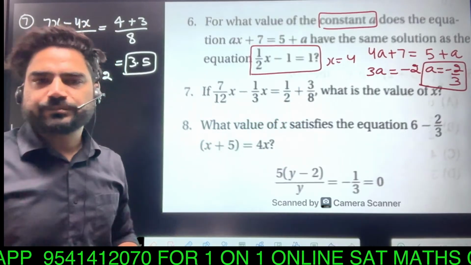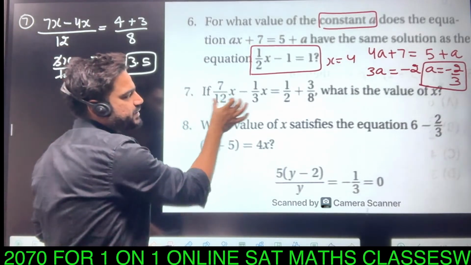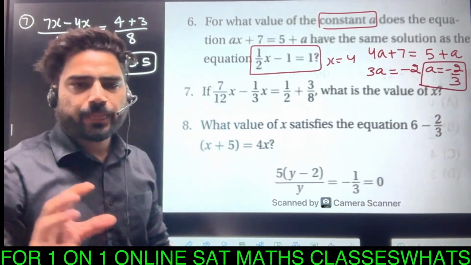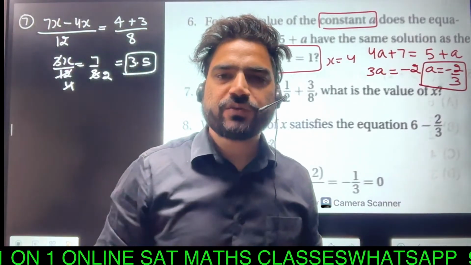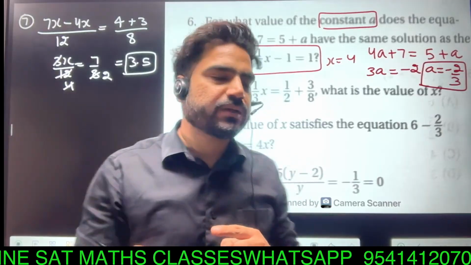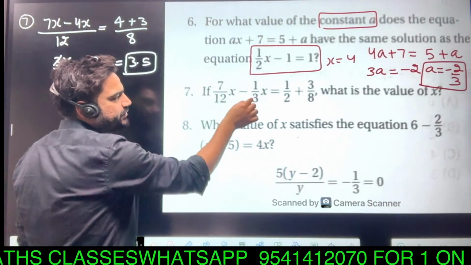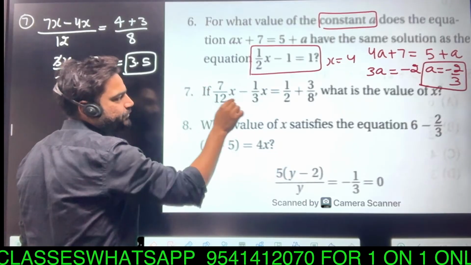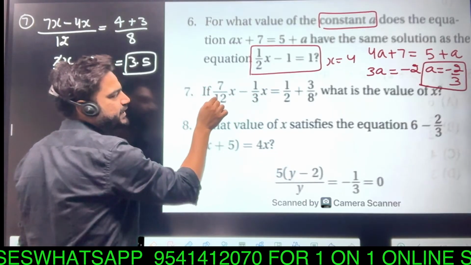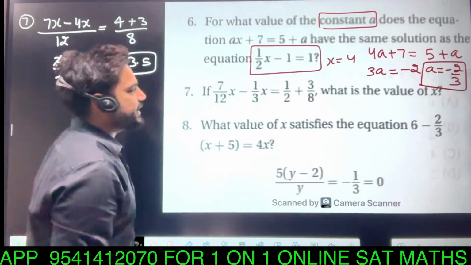What is LCM? See, basically when two numbers are given, then LCM is either the largest number of them, but for that the smaller number has to divide the largest number. Example, in this question 12 was there, 3 was there, so in 12 and 3, 12 is the larger number, and if the smaller number is dividing the larger number, in this case 3 is dividing 12, then 12 is the LCM.